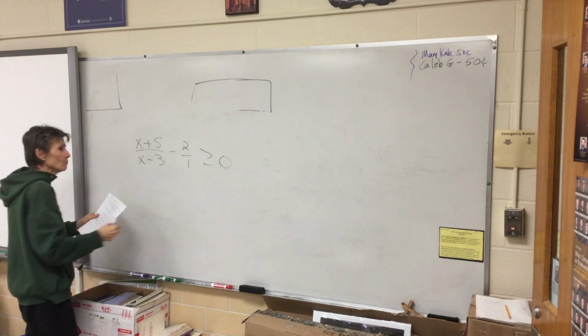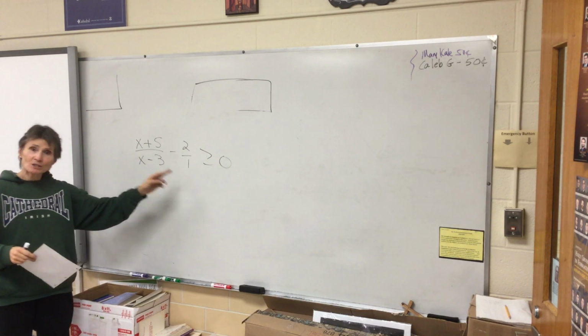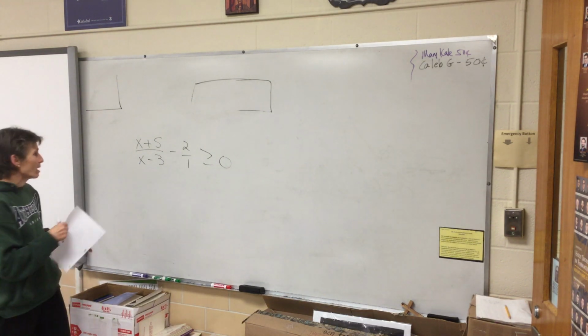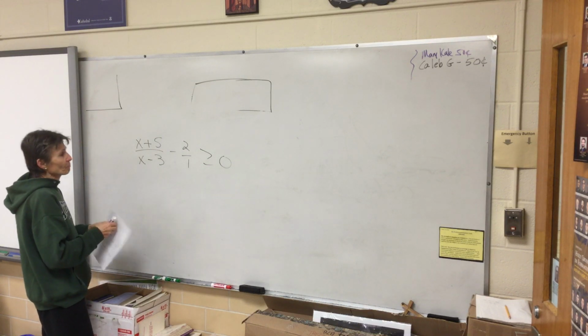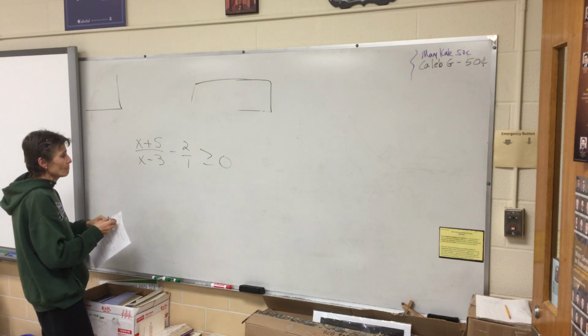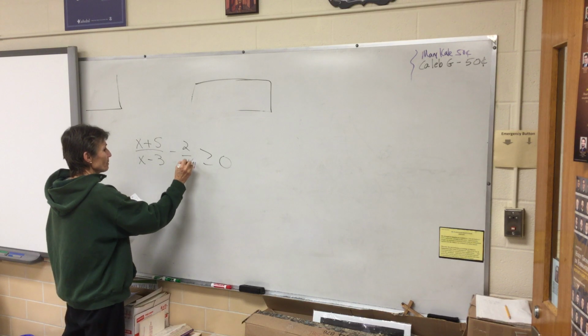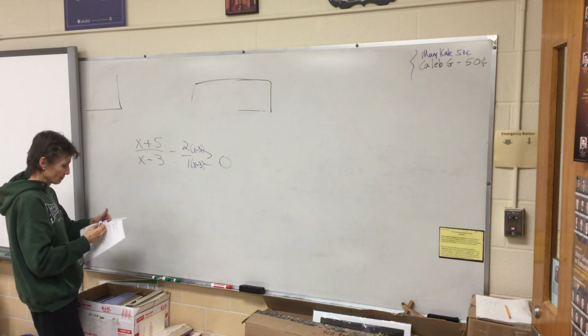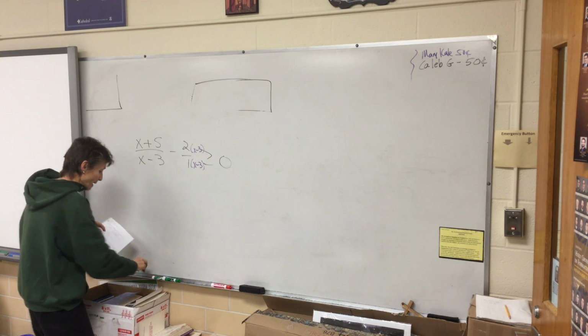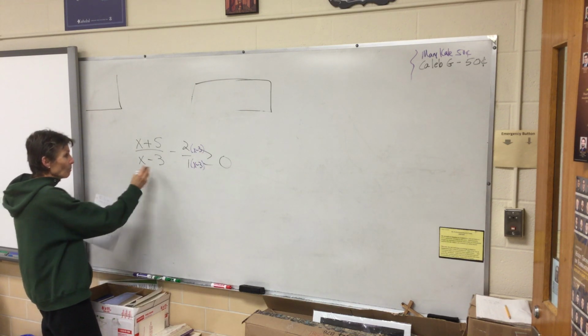Bring that 2 over. And I'm going to think of it as a fraction because I'm going to have to get a common denominator. So to get a common denominator, I'll multiply the top and the bottom by x minus 3, so that my denominator now matches.